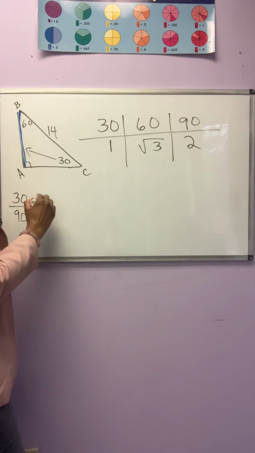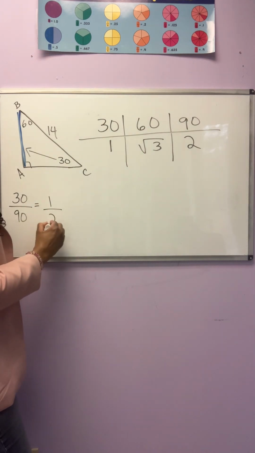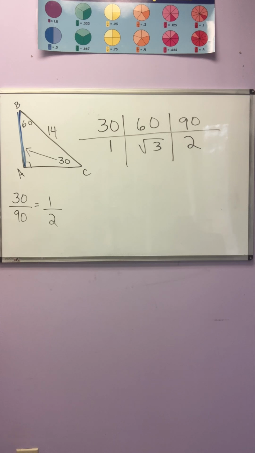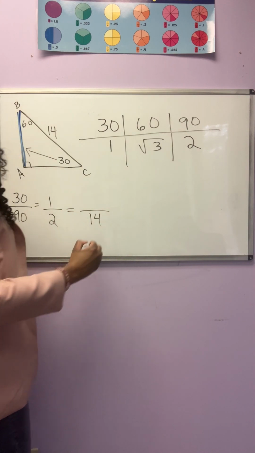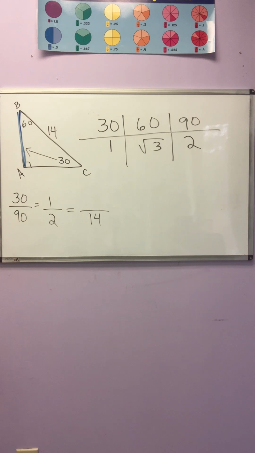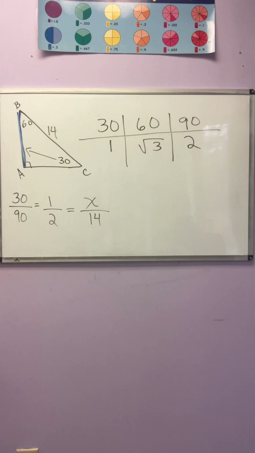So when the leg across from the 30 degrees is 1, the leg across from the 90 degrees is 2. In our given problem, the leg across from the 90 is 14. What is the leg across from the 30?